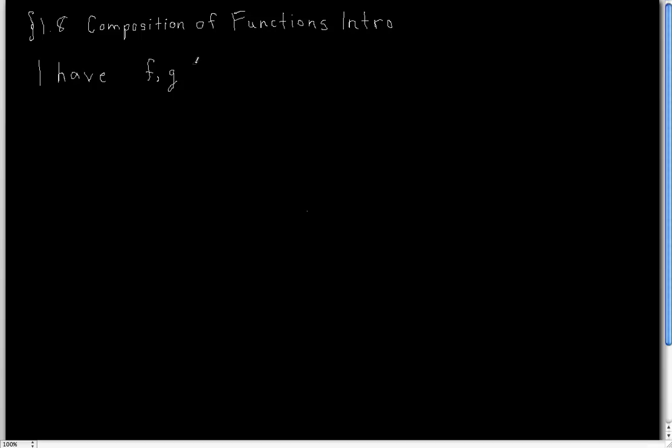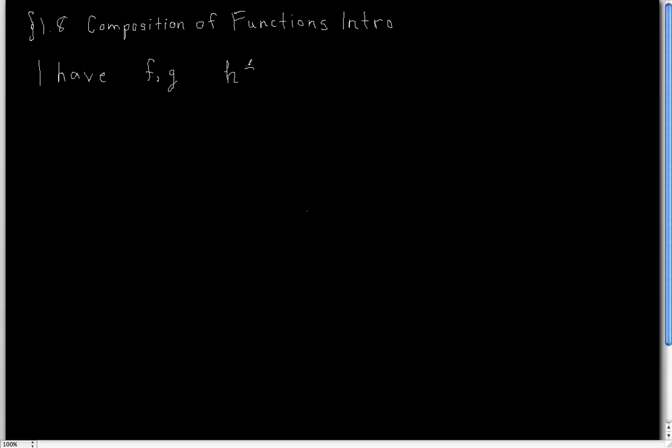Now, what's one way that I could combine those two functions? One way I could combine them is I could add them together. Now, that's not what a composition is, but let's try something a little simpler to start out. So what does it mean to add them together? Let's say I want a new function that I'm going to call h, and I just want h to be f added to g.